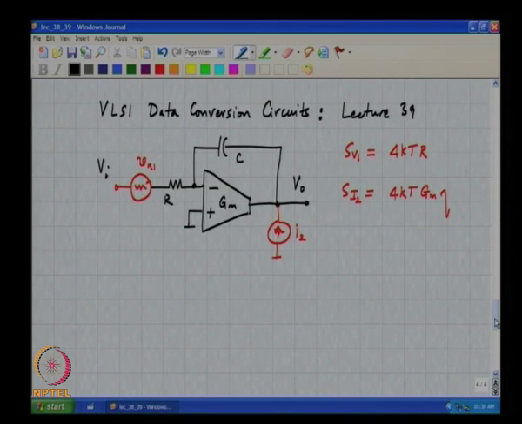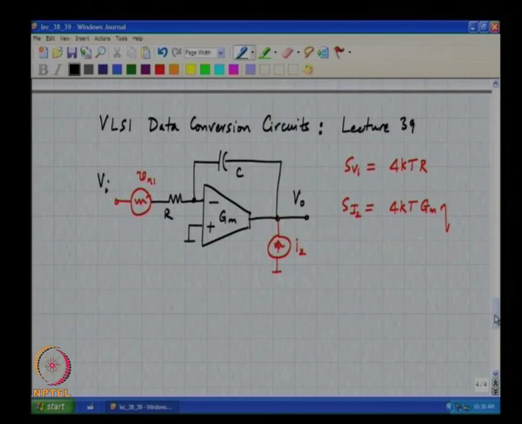Let us also assume that we have the zero cancelling resistor here, equal to 1 by Gm, so that the feed forward 0 has gone away.